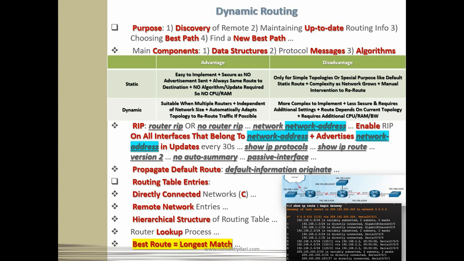So what we have seen with IPv6 routing table entries is pretty much the same as what we saw with IPv4. For the IPv6 router lookup process, similar to IPv4, always remember this rule: the longest match is the best match. So if you have more than one entry matching the destination IPv6 address of the packet inside your routing table, then the longest match is the best one and is the preferred one.